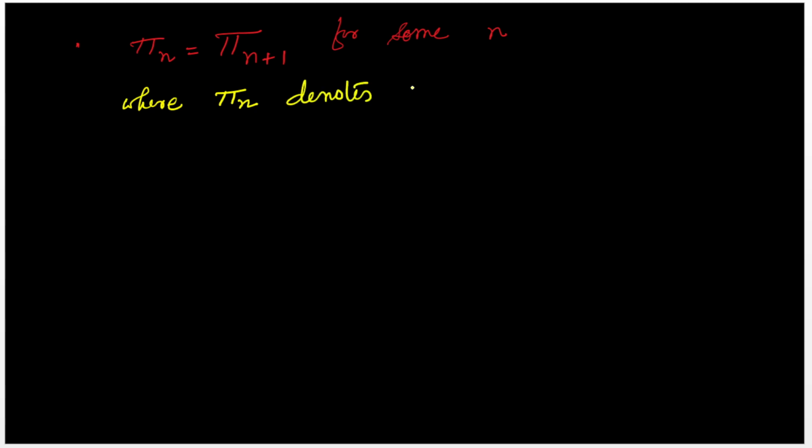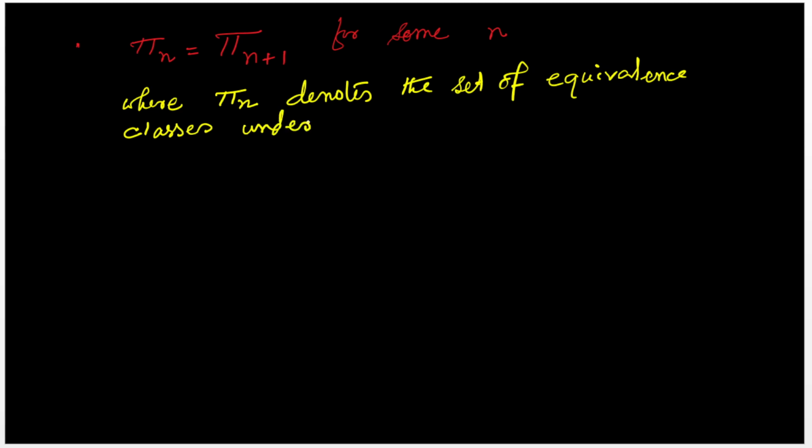And the last property: pi of n is equal to pi of n plus 1 for some n, where pi of n denotes the set of equivalence classes under n equivalence.